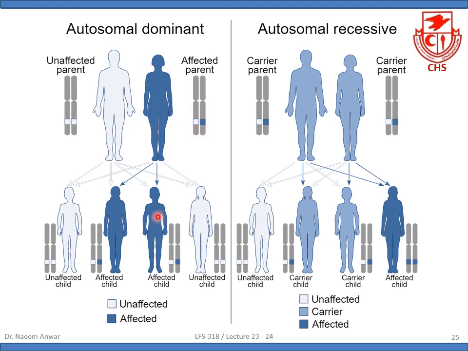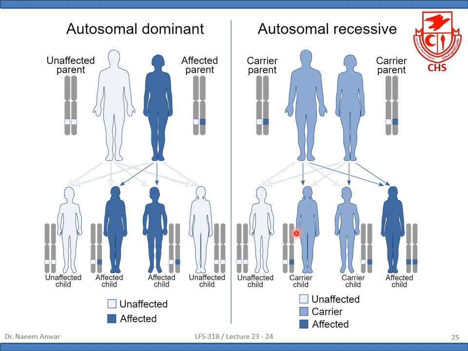If it's dominant, you will never see a carrier. Keep this in mind. So if it's autosomal dominant, the dominant allele will just be transferred to the offspring, and for example, they will have two affected children and two unaffected children over here, regardless of the gender of the affected offspring.